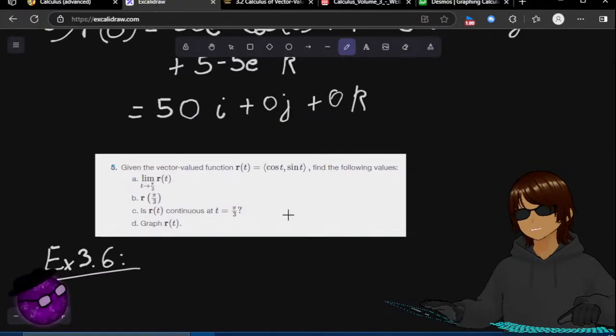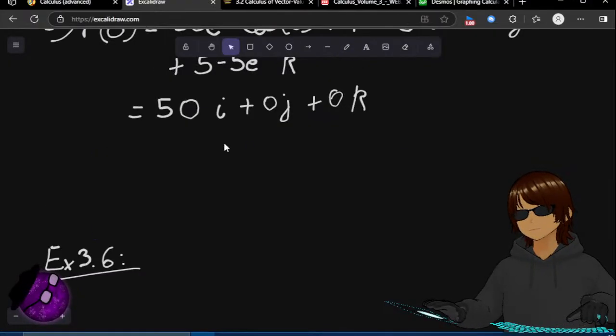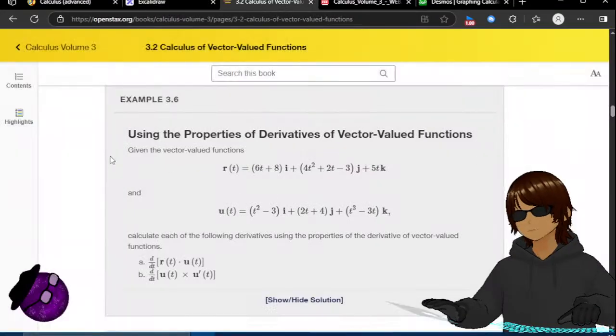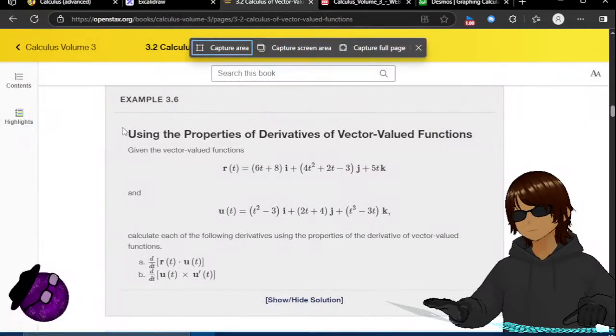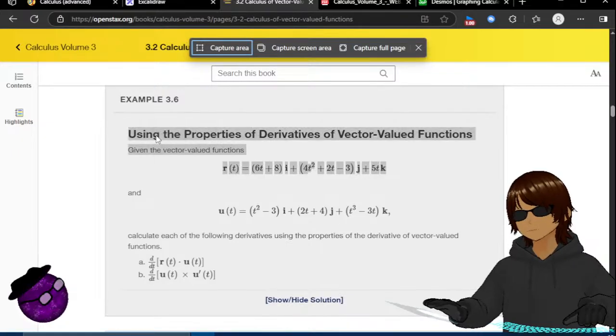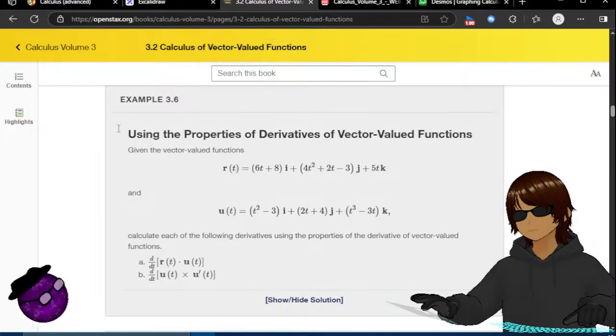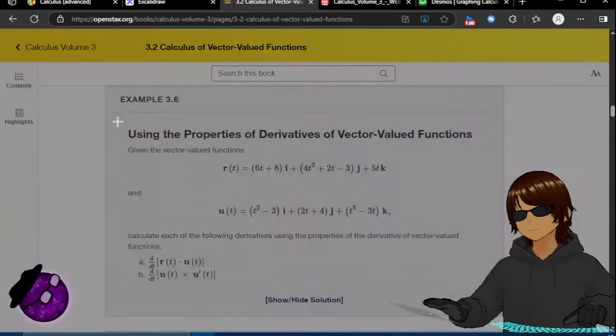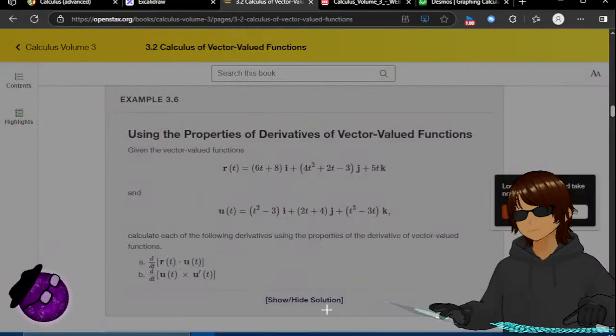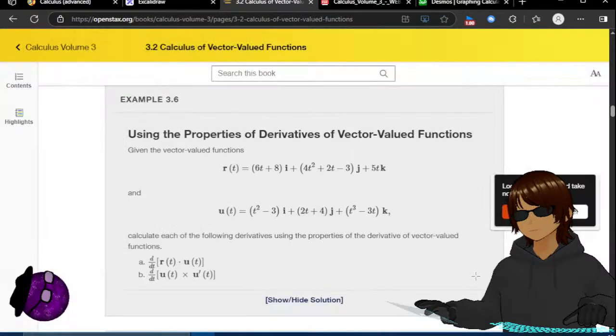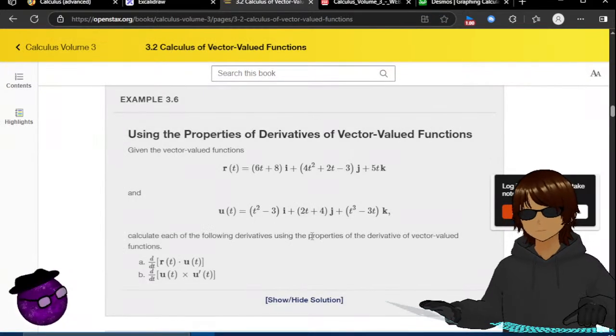This is the wrong picture. I don't know why it's so slow.